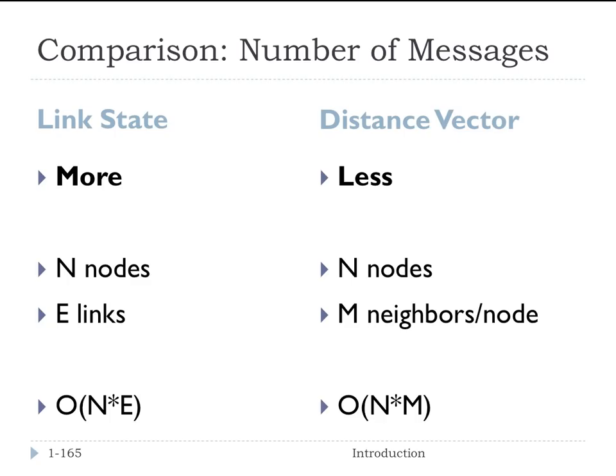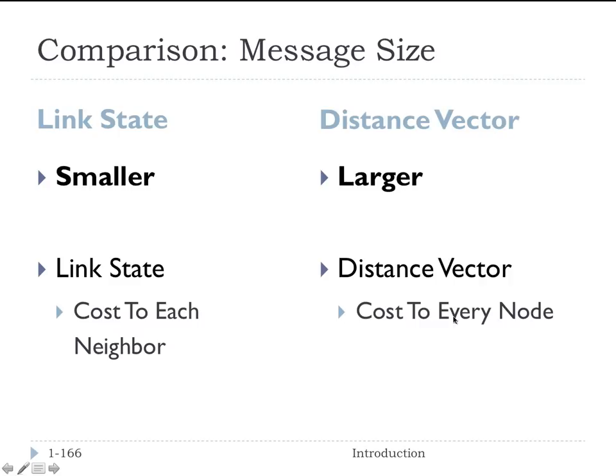All right, let's sum up this comparison stuff. We looked at this a little bit, but number of messages, we said link state is more, distance vector is less, and you can kind of look at how I estimated the complexity of that in terms of the number. The message size, we already hit on this. Link state is smaller, distance vector is larger, but we have to send more messages.